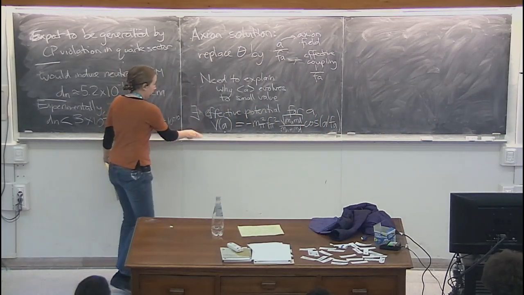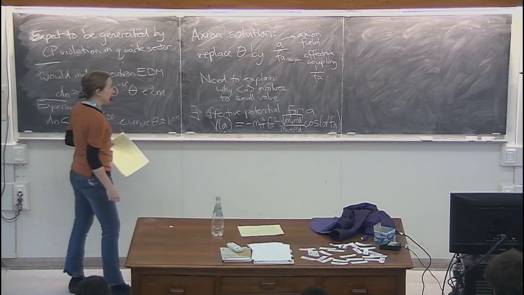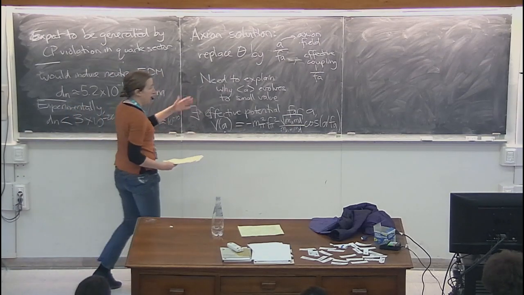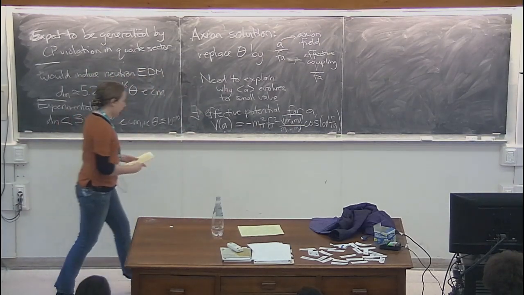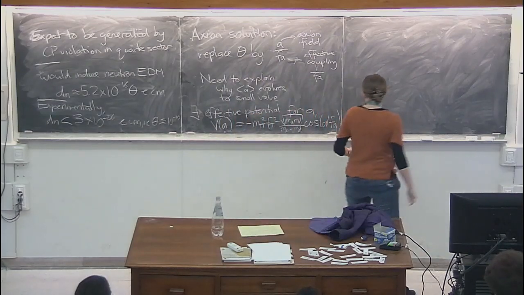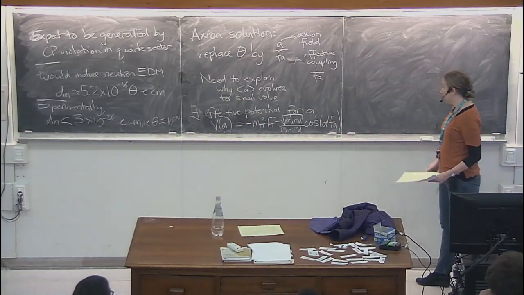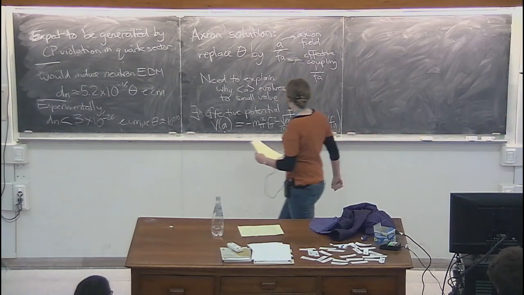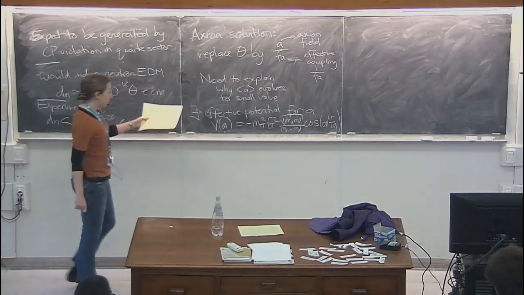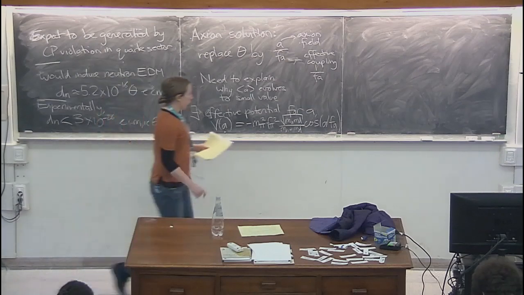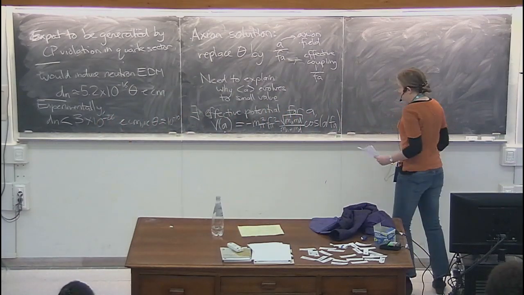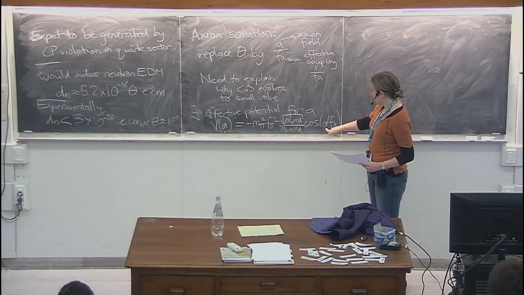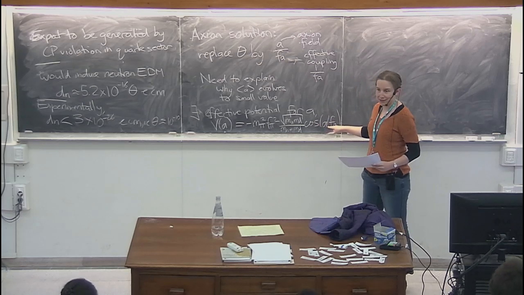Okay, so we can look at where the minima are in this potential. We're going to get a minimum at A equals 0. This cosine is maximized there at 1, so we get a minimum of this potential. This potential is periodic, and it has minima at A equals 2m pi.